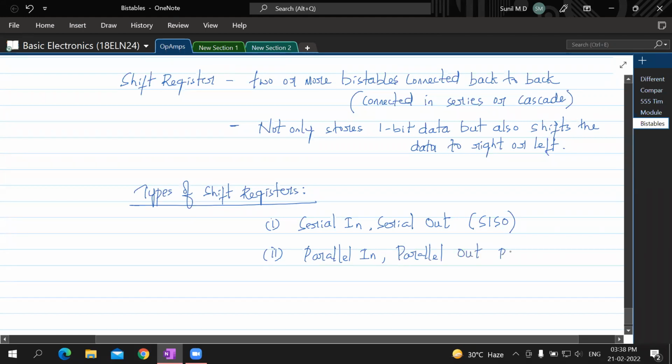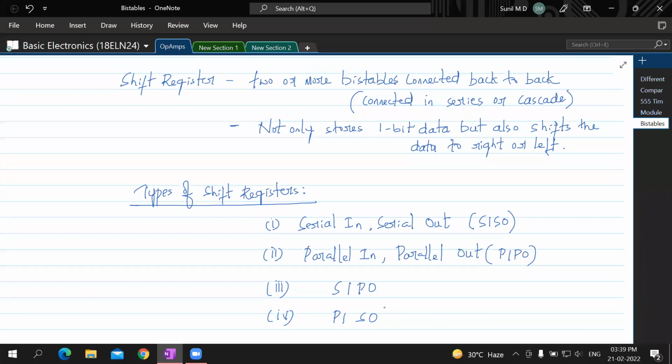So it is called PIPO. Okay. Similarly, can you make out what these are? SIPO and PISO. Can you make out what the third and fourth are? Serial in and parallel out, parallel in and serial out.